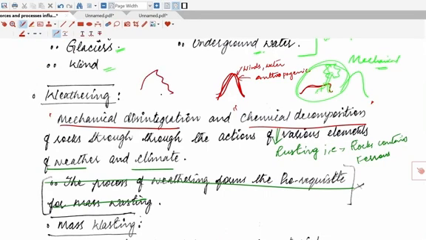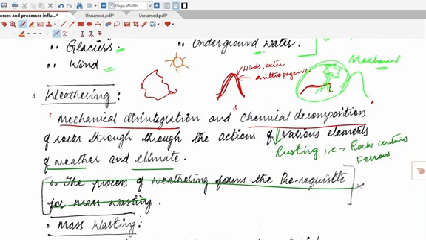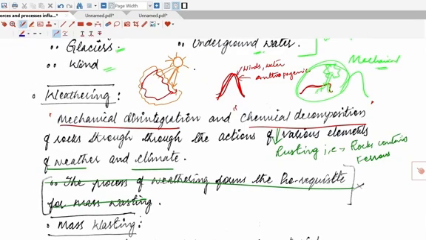Now what happened is, during summer, due to heat, the rock gets expanded, and when it comes to winter, the rock gets compressed again, due to which contraction and expansion take place, and the rock gets deformed, and there is a chance of breakage.